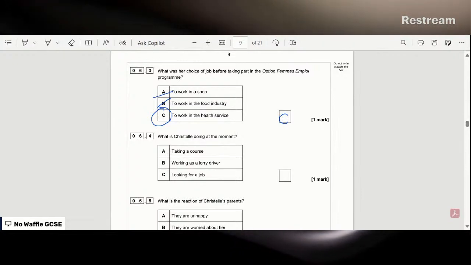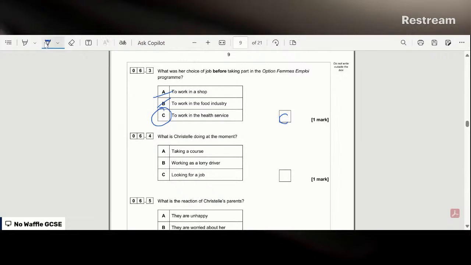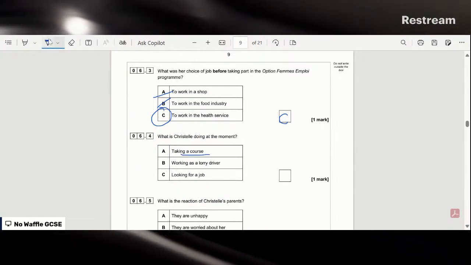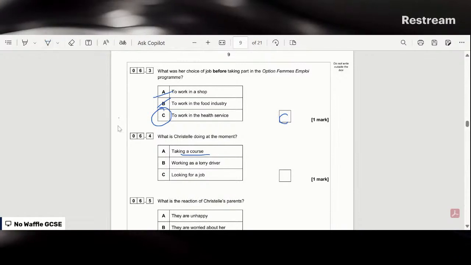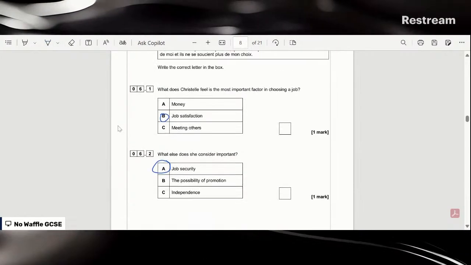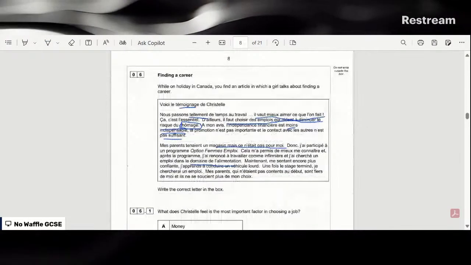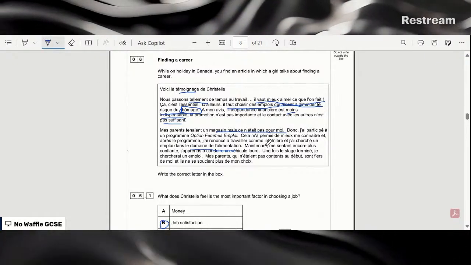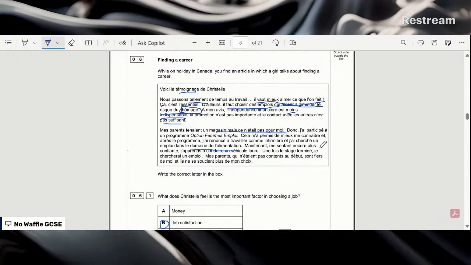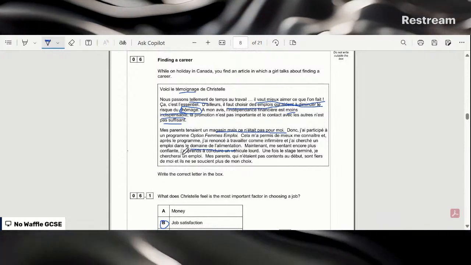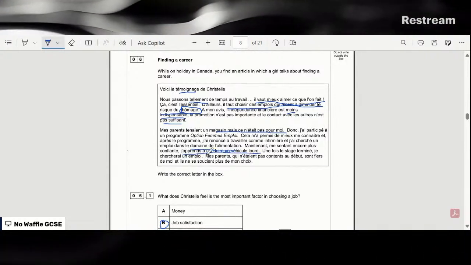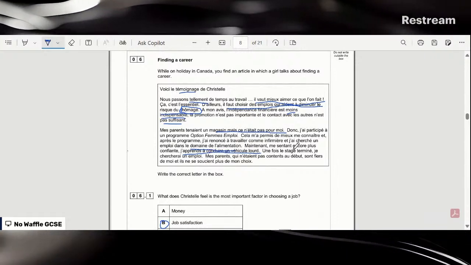I mean, it's kind of obvious because it actually said that in the title that she's taking a course, but let's just double check. So, maintenant, now, me sentant encore plus confiante, j'apprends à conduire un véhicule lourd.